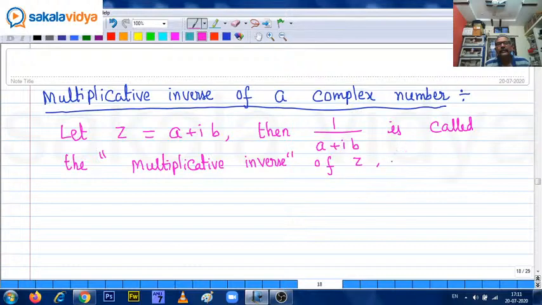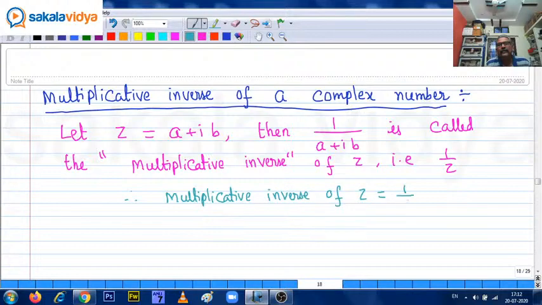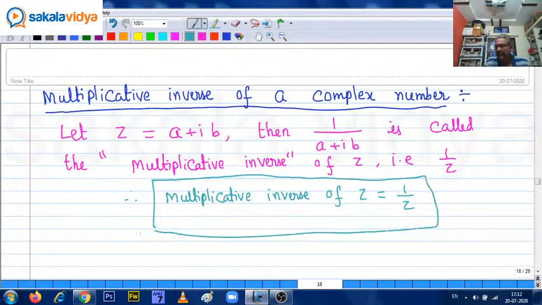That is 1 by z. Therefore, multiplicative inverse of z equal to 1 by z. But in the examination, answer will not be in the form of 1 by z. That will be in the form of a plus ib form. That we need to check now.